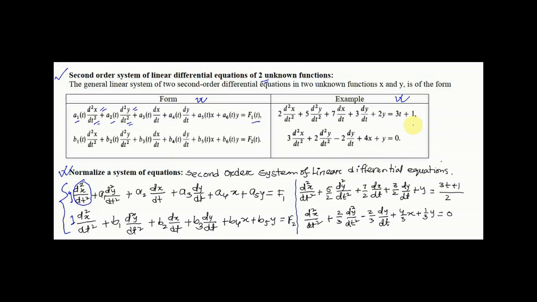So if we reduce this system to its normal form, we just have to divide this equation by 2 and this equation by 3, and we will obtain the corresponding normal form of the system of differential equations.